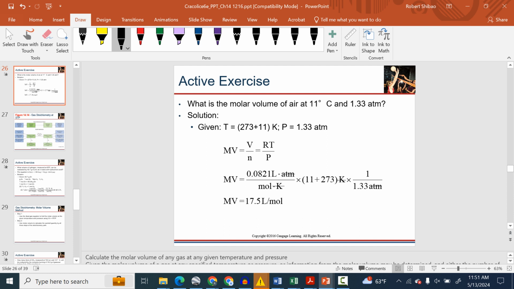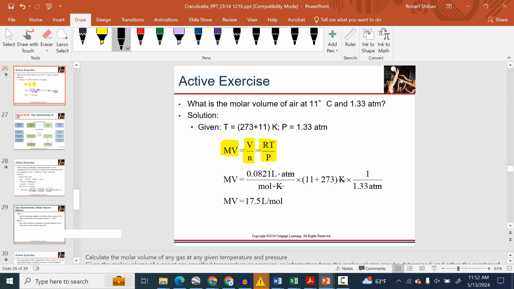We'll just finish up this chapter here and then start the next one. So this is memorized or derived, or what's another way of getting this equation? This is molar volume. If you know the molar volume is liters per mole, then we can figure it out. There's another way of deriving this.